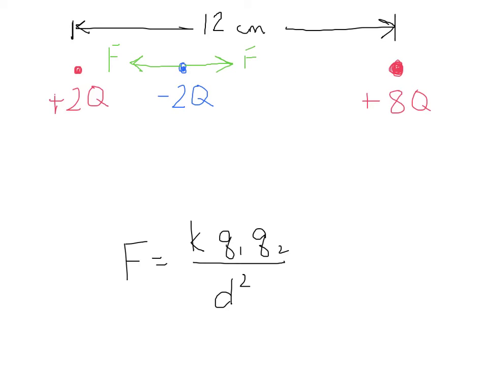Now if we have 12 centimeters to work with, and I chose that just for convenience, those two distances need to add up to 12, but the one on the left needs to be half the one on the right. And so the two numbers that would work here are 4 centimeters and 8 centimeters.